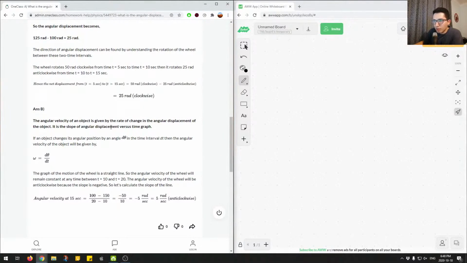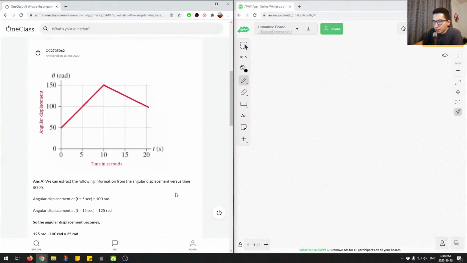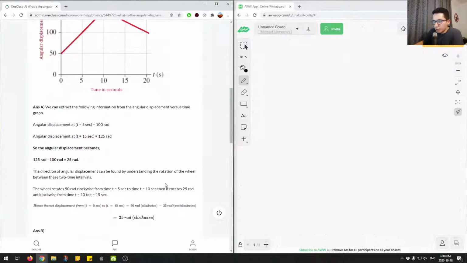It is the slope of the angular displacement versus time graph. So they've correctly defined the angular velocity, and they've taken the slope based on the graph, and they obtained 5 radians per second anti-clockwise. So let's go through this step by step to figure out the right process and whether this is the correct solution or not. This is question number 1, part A.